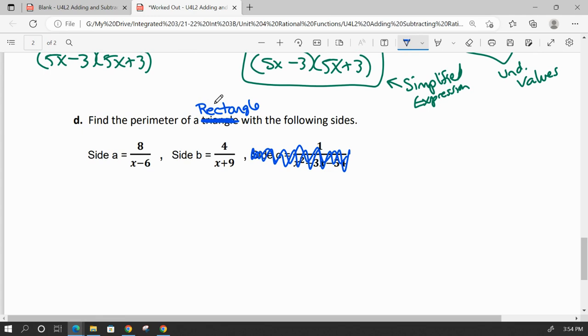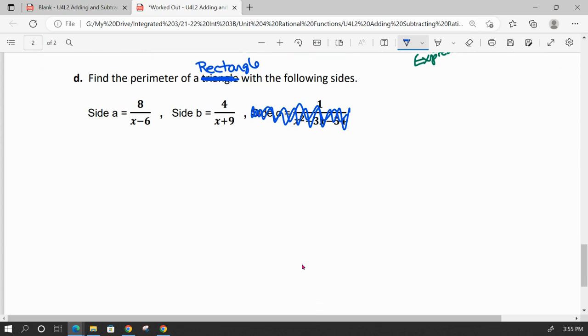Find the perimeter of a rectangle with the following sides. Side A is 8 over x minus 6. Side B is 4 over x plus 9. A good strategy to start with is to draw yourself a rectangle that has a side of 8 over x minus 6 and a side of 4 over x plus 9.